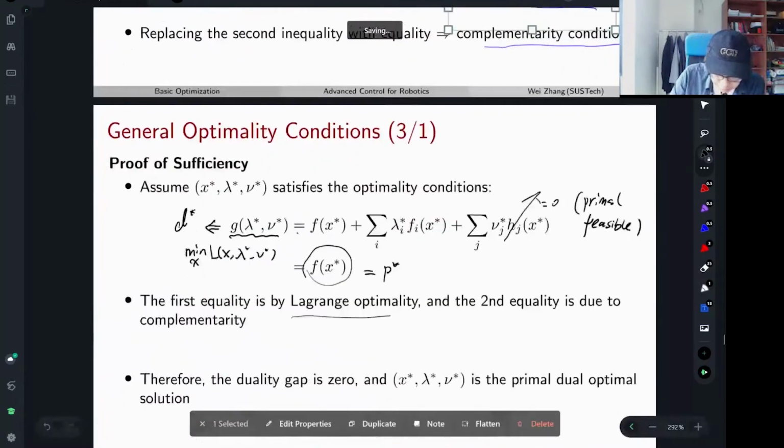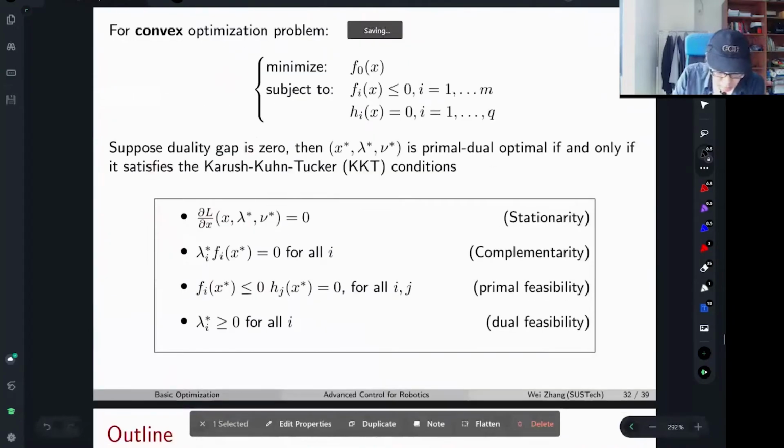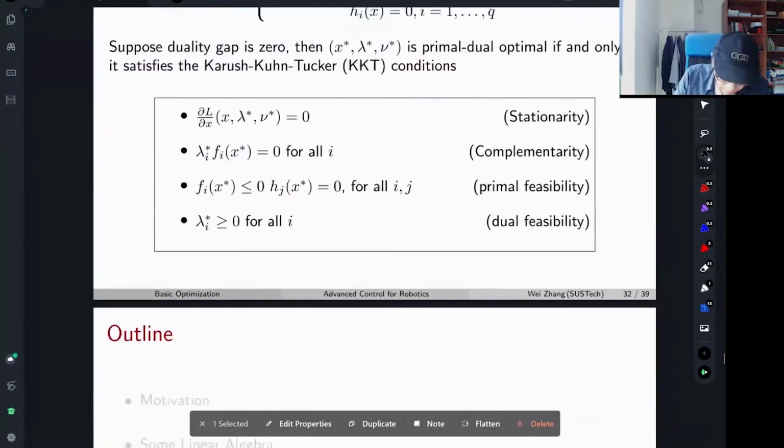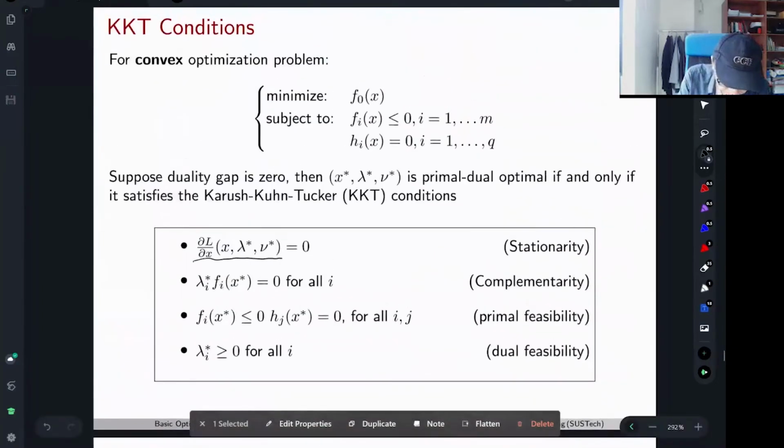Anyway, I want to quickly go over the KKT conditions that people often see in other textbooks, which I guess is this one. For convex problems, you have the KKT conditions. But the KKT conditions are just a special case of our general optimality condition.